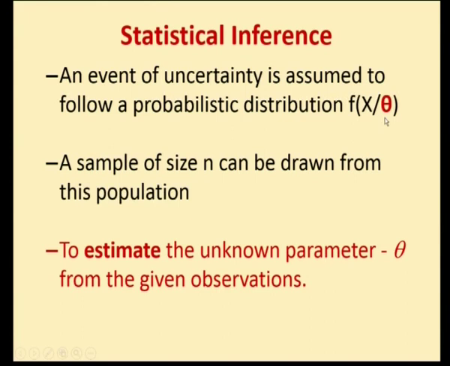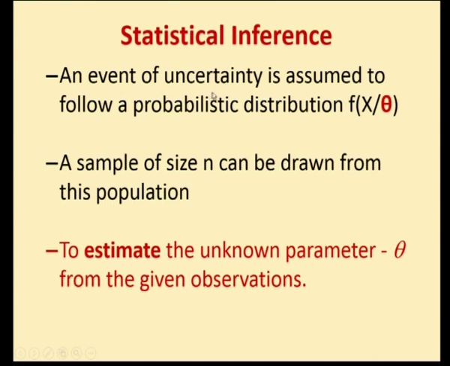So, what is this theta and what is this x? x may be understood as a mathematical expression for an event which has uncertainty, so that a probabilistic model would be apt for understanding how that particular function would behave.